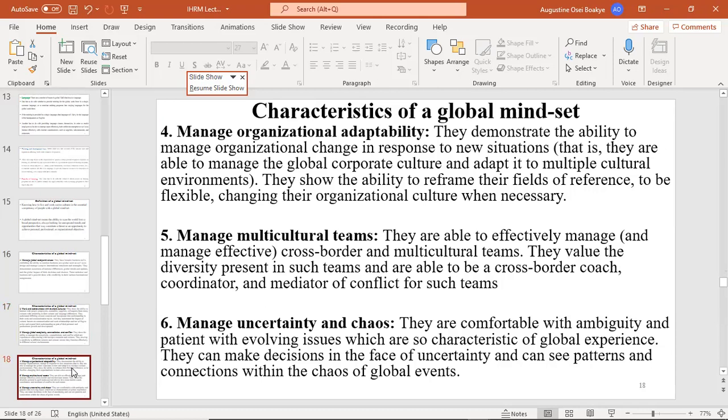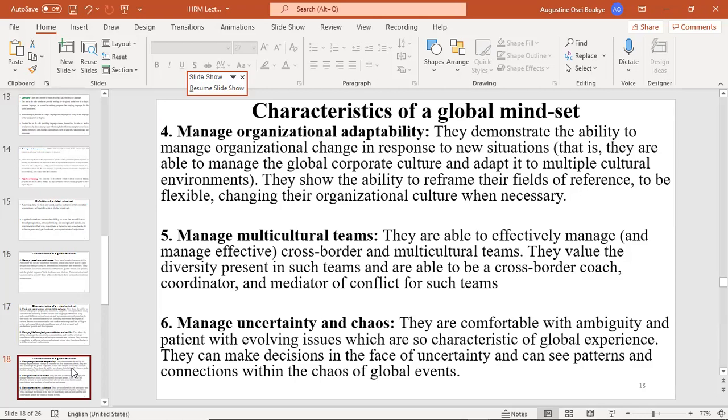So such people are not fixated on the current happenings of the organization, but they are also very sensitive to the changing needs in the business environment, so that if it suffices for their organizations to change their current way of doing things in order to remain competitive, then they are in a position to initiate such change. So they show the ability to reframe their fields of reference, to be flexible, changing their organizational culture when necessary.